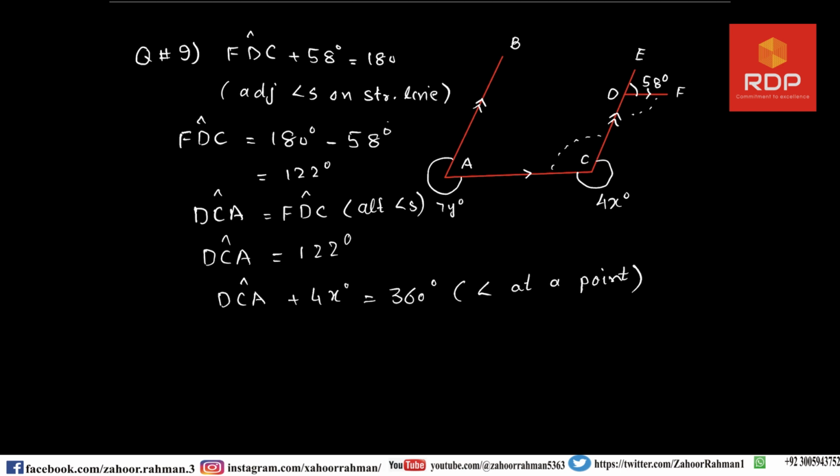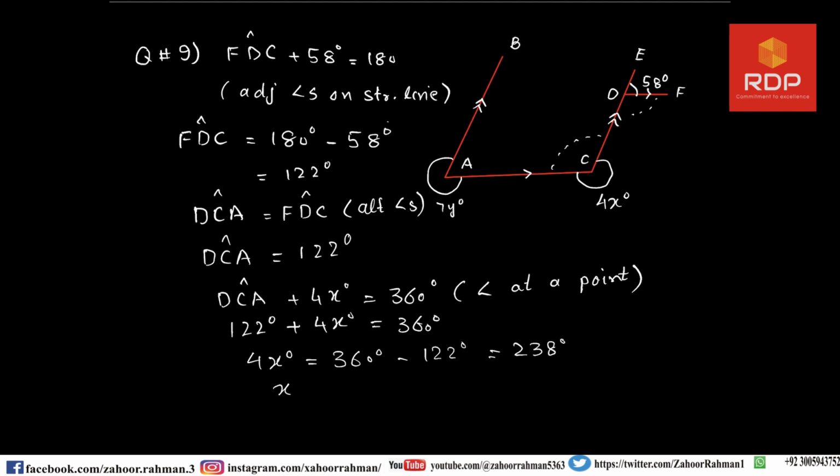So we already have the value of DCA as well: 122 degrees plus 4x degrees is equal to 360 degrees, so 4x degrees is equal to 360 degrees minus 122 degrees, which is equal to 238 degrees.